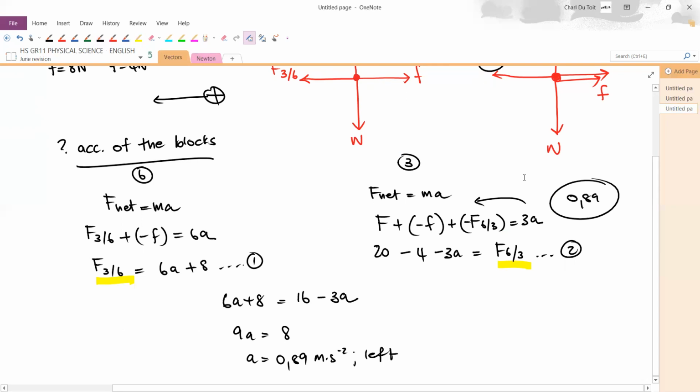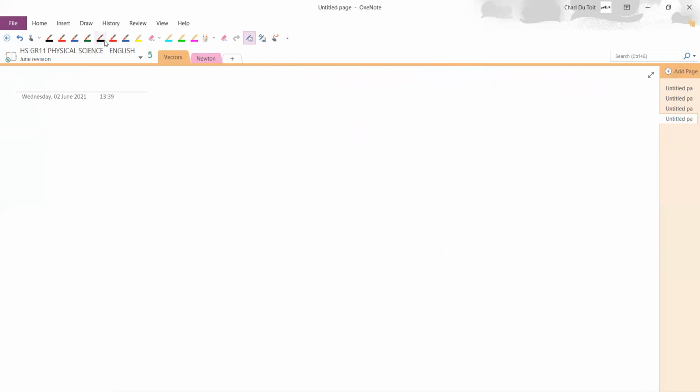Okay, one more. Harder. A flat surface. There's a mass. It's M. I don't know what it is. There's another rope, tension, and there's a block here. Let's say this is 3 kg again.